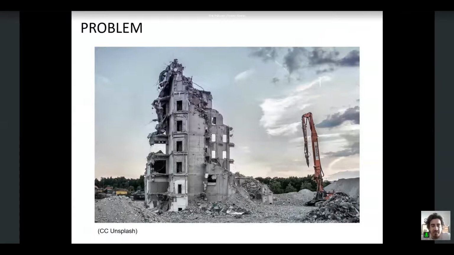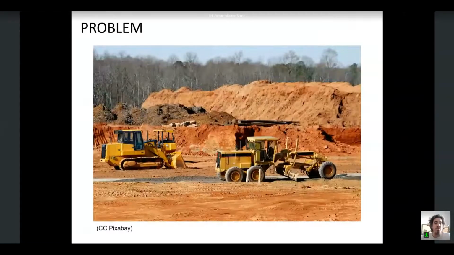And since we have no planet B, we may need to rethink our building culture and look for alternative building materials. And while we are building the way we are, we're actually systematically digging away and disposing of a material that we often consider as waste, and that material is earth.